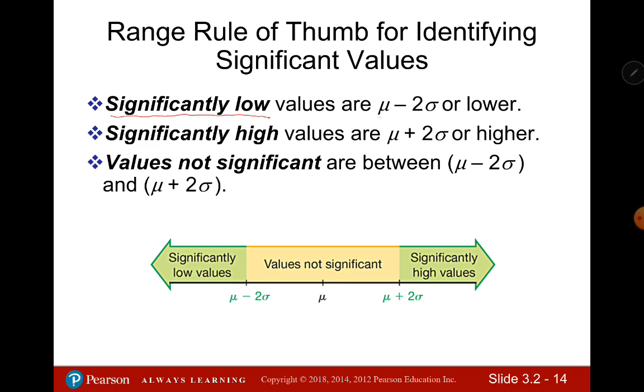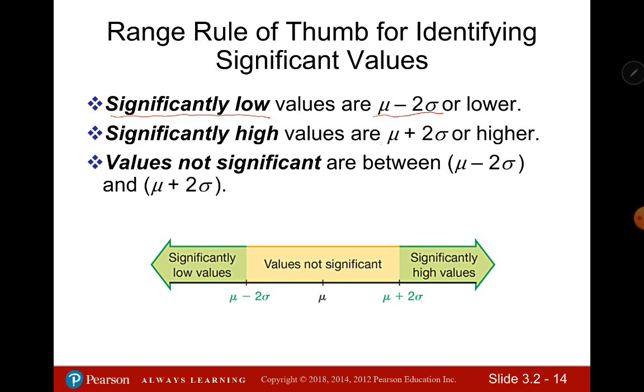According to the range rule, if this value is smaller than 2 standard deviations below the mean, that is, this value is 2 standard deviations below the mean or even smaller, we call it significantly low.